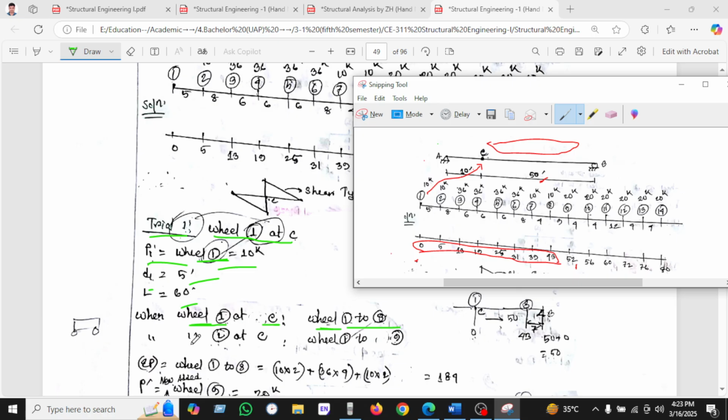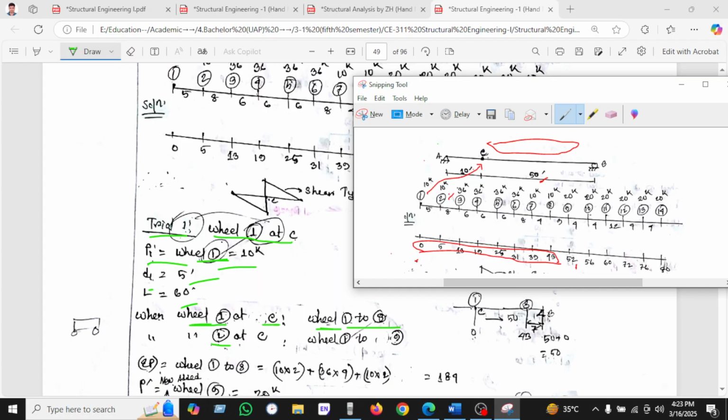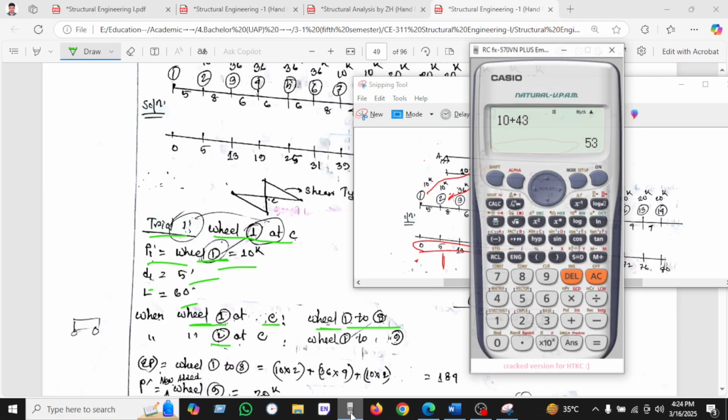So again, when we set wheel 2 at C, this is the wheel 2. Now we are going to add at C. Then how many wheels can we add here? There is 5 feet, so we will go to the 50 feet. If 5 feet equal to 0, then 56 equal to how much?